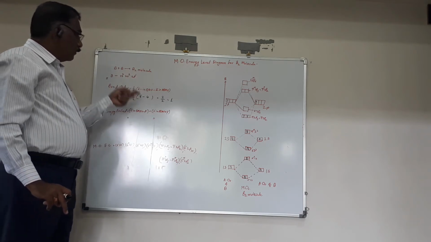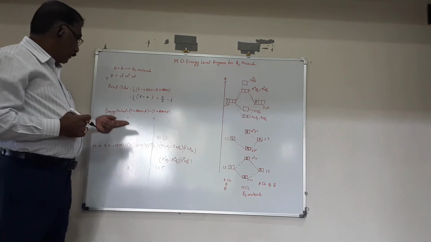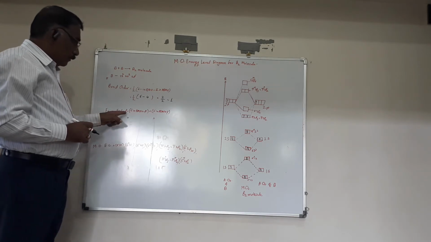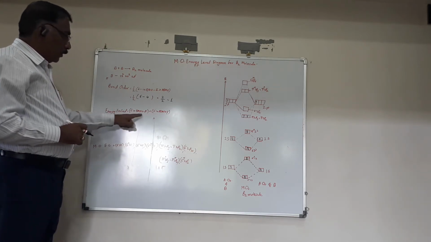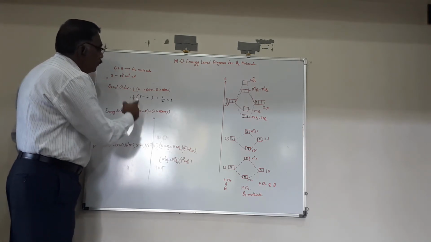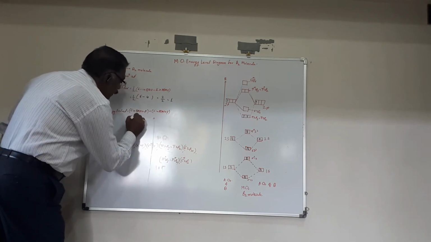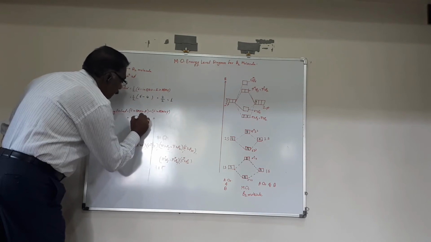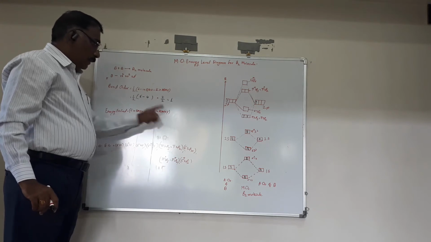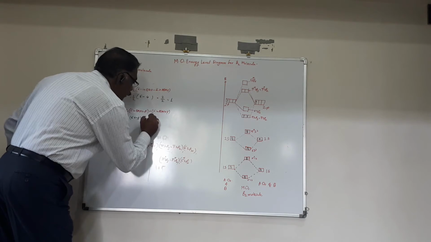Now we are going to see whether, once there is a bond, this molecule is stabilized. It is calculated by the energy evolved. We have the formula: electrons in BMO times minus beta, plus electrons in ABMO times beta. There are 6 electrons in BMO, so 6 into minus beta, plus in ABMO there are 4 electrons, so 4 into beta.